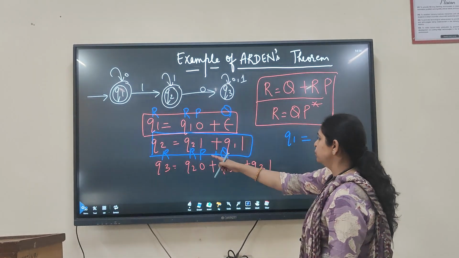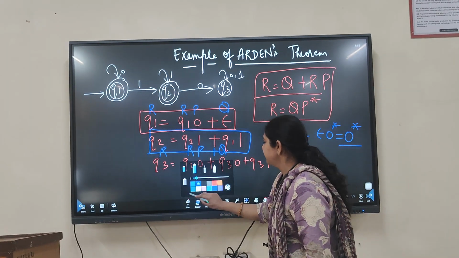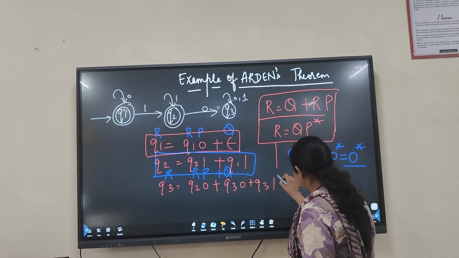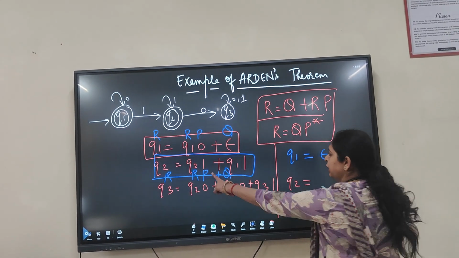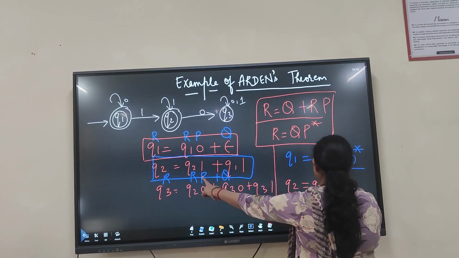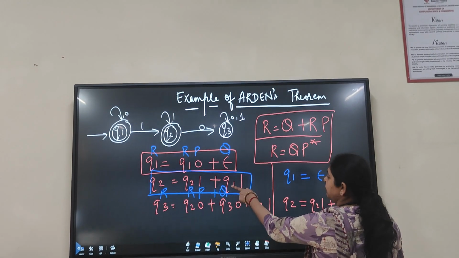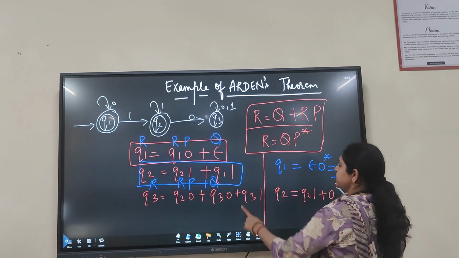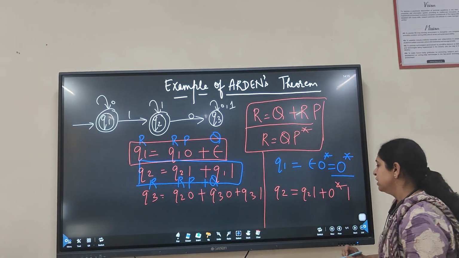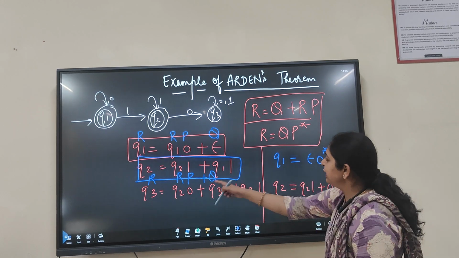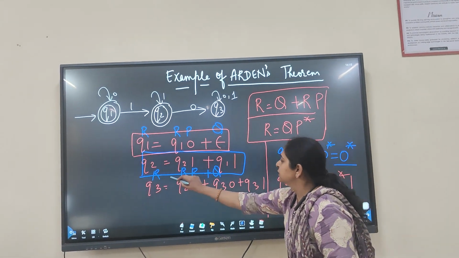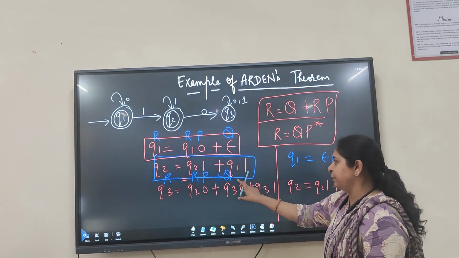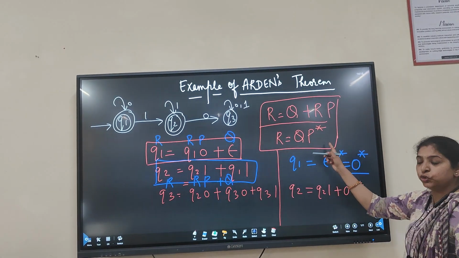So Q2 becomes Q2 1 plus, instead of Q1, I am substituting 0 star, so this will be 0 star 1, and the 1 remains as it is. In the next step, when we compare this equation with R is equal to Q plus RP, the solution will be R is equal to QP star.